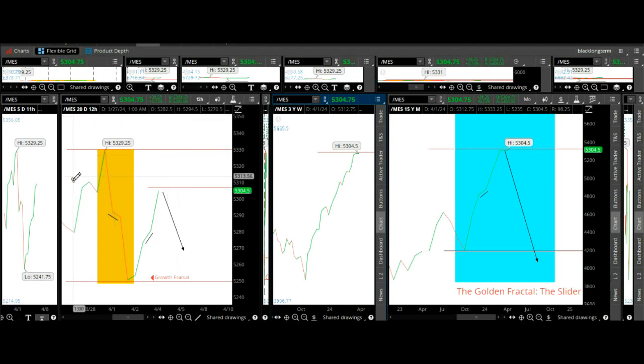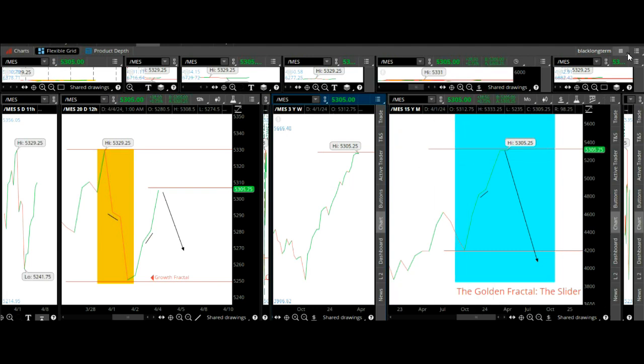Okay, your key would be on the macro grid, on the growing fractal here. They don't go up forever. They're going to wobble. You have to go back and forth between the macro grid and the micro grid.